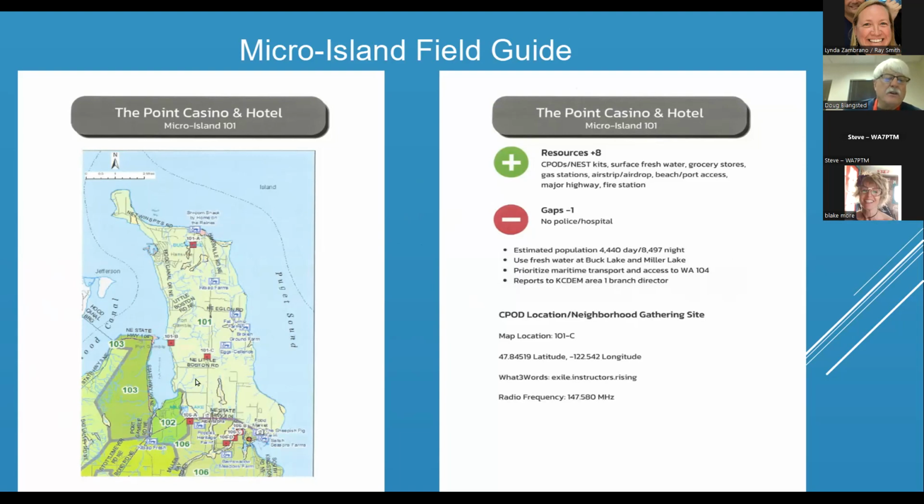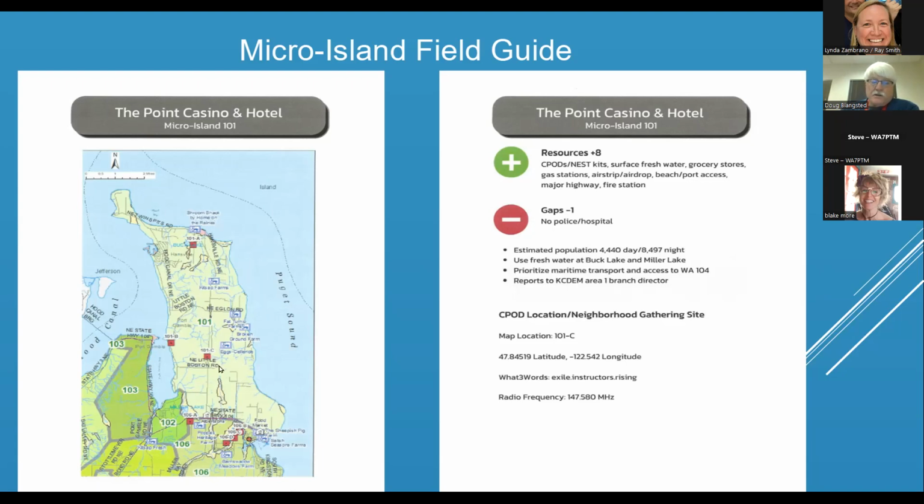You can see there's a red dot right down here, and that's the base, the CPOD location for that micro island. And there may be some in some of these other locations as time goes on, as we build this out.